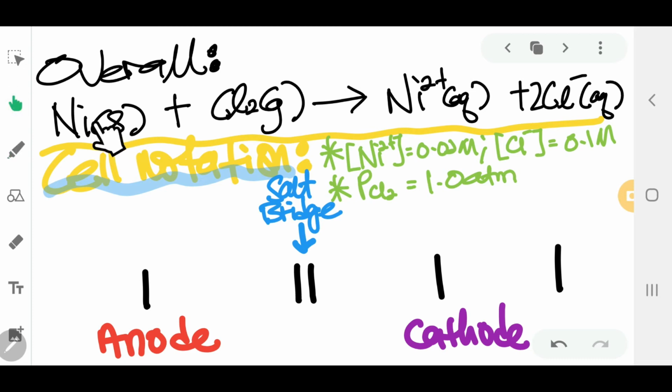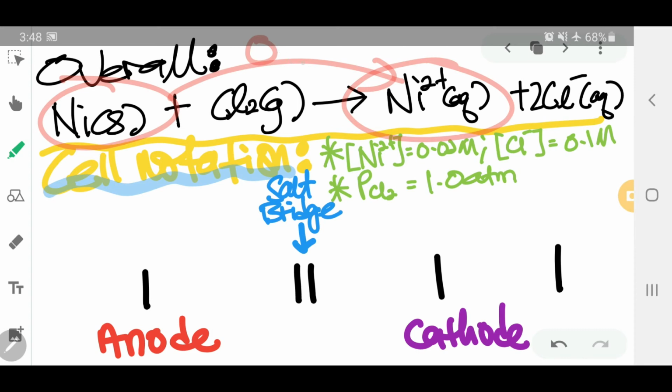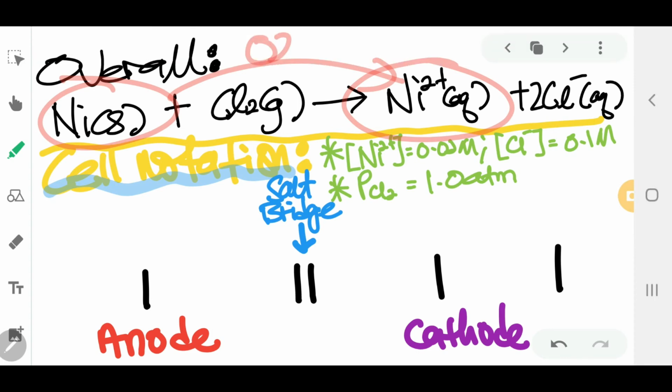So the one that will be losing electrons between nickel solid and chlorine gas over here is nickel, obviously, because on the product side, the nickel solid will be converted into Ni2 plus aqueous. So this is the oxidation process. From nickel solid to nickel 2 plus aqueous, that is oxidation. Okay, so that is the oxidation process.